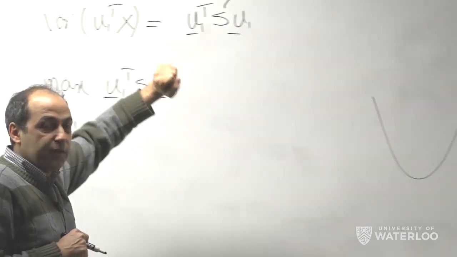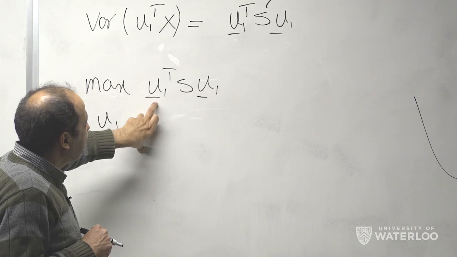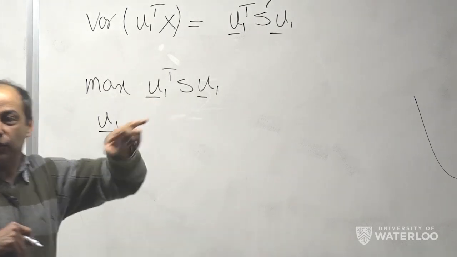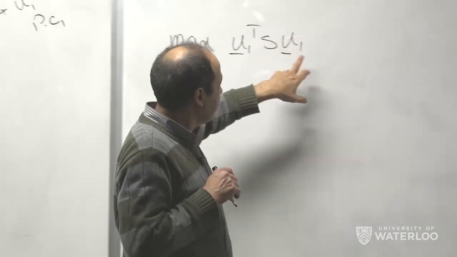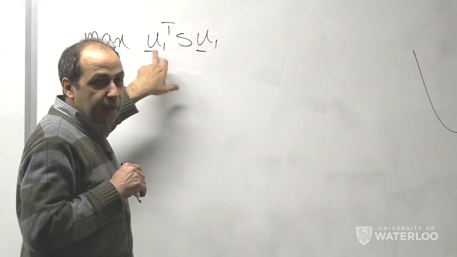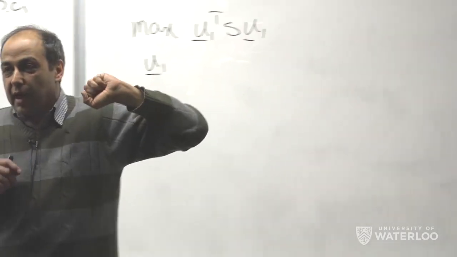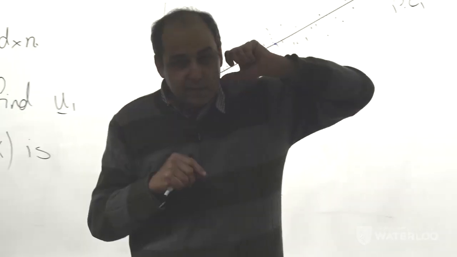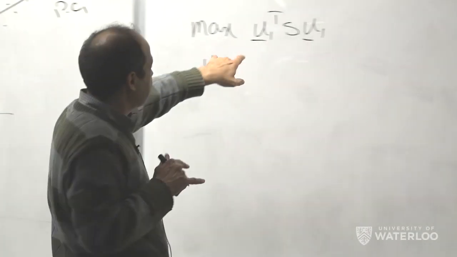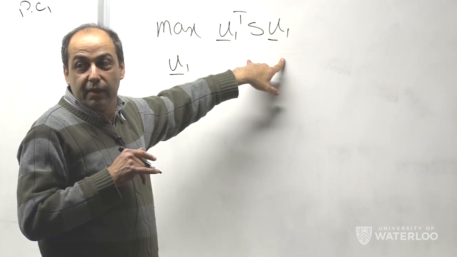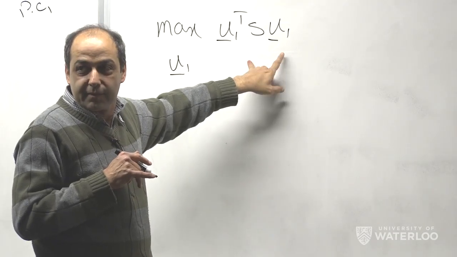And intuitively, it's pretty easy to see that. Give me a u and tell me that this u is the solution, after taking the derivative or whatever. I will multiply this u by 10, and this quantity will be multiplied by 100.